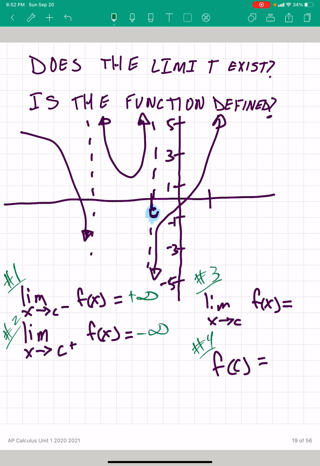I'm going to call that negative infinity. Since the right side and the left side are approaching different values, we have to say that the limit does not exist. What about f of c? Do you see a point at c along the function? You shouldn't. So f of c is undefined.